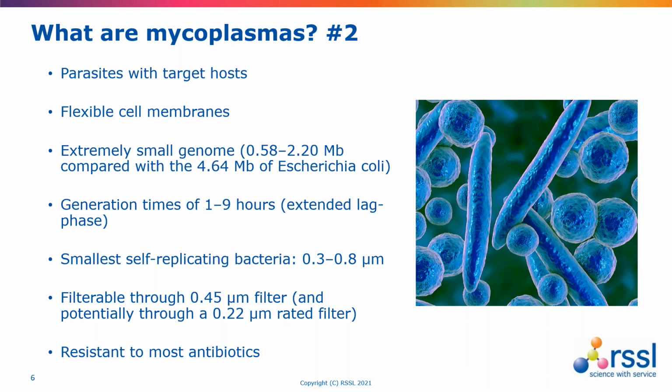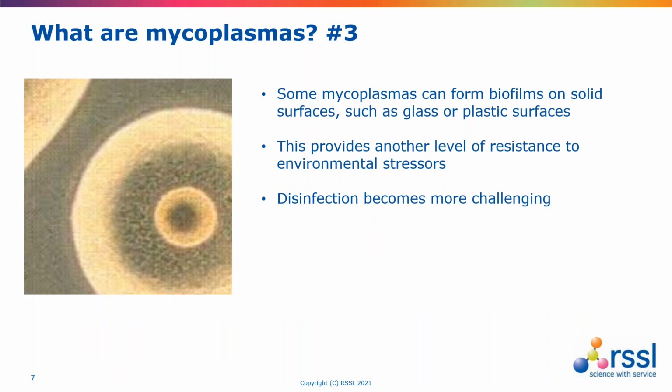They're also resistant to many antibiotics, but not all antibiotics. The reason they're resistant to common antibiotics like beta-lactams is because most of these antibiotics target cell walls, and that same mechanism isn't there for the mycoplasmas. They're also adept at forming biofilms on solid surfaces, particularly glass or plastic surfaces.